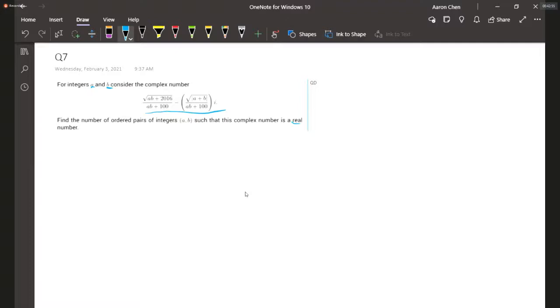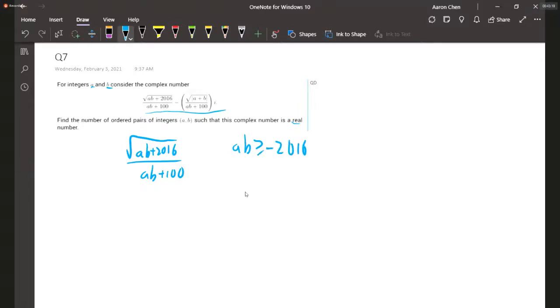So first of all, we can deal with the case where square root of ab plus 2016 divided by ab plus 100 is real. So in this case, you have that the restriction here is that ab is at least negative 2016.